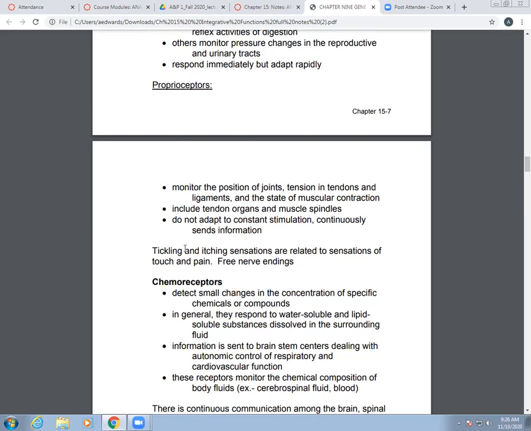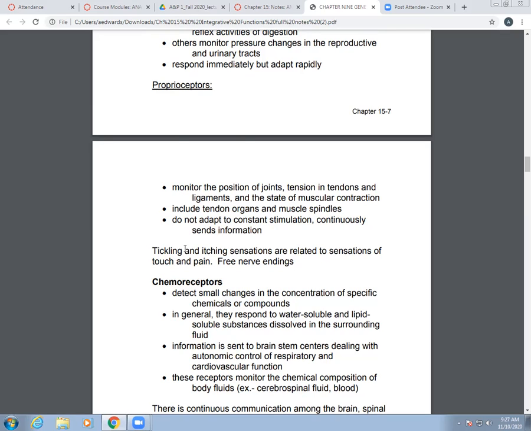So proprioceptors are in your muscles, tendons, joints, and ligaments. They include the muscle spindles and tendon organs. They're not adaptive to constant stimulation, and they're continuously sending information because your muscles are always in a state of at least some contraction or relaxation.